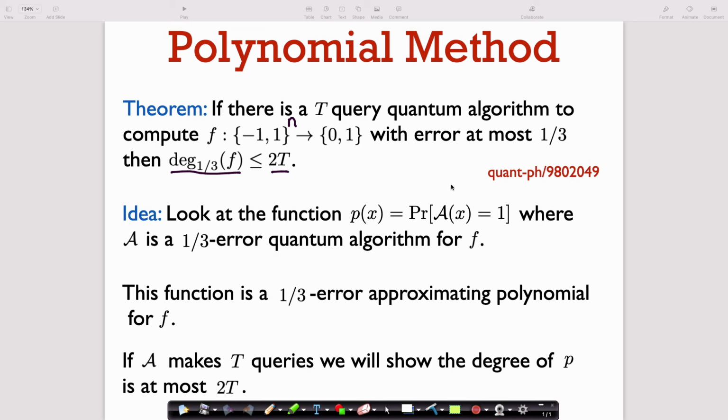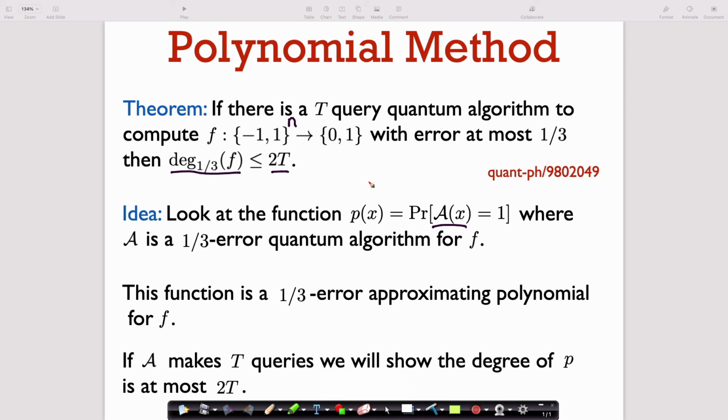So here's the arXiv reference for that paper. A key idea in proving this theorem is to define a function p of x, where p of x is the probability that the algorithm on input x outputs 1. So A of x here is the output of the quantum algorithm on input x.